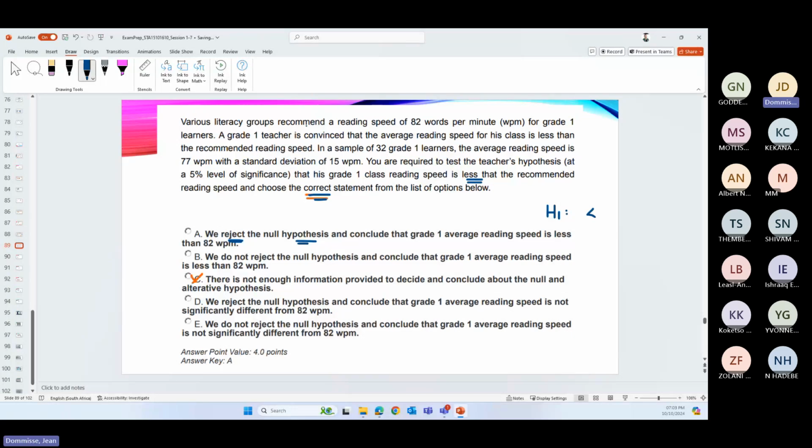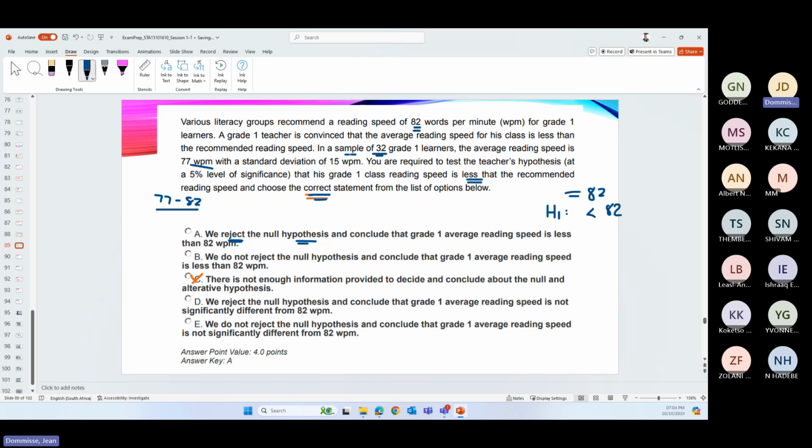Let's just quickly see if they tell us again sample and then the things around the sample. So various literacy group, so it should be 82. I say the teacher says no. The average reading speed is 77, then the teacher says a sample of 32 grade 1 learners, average reading speed is that.